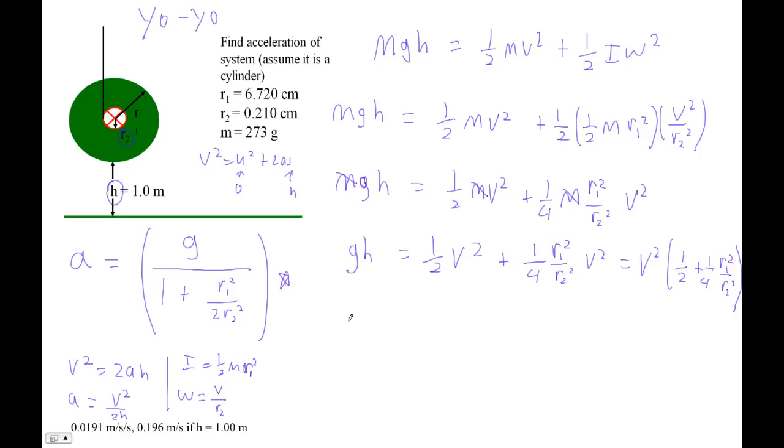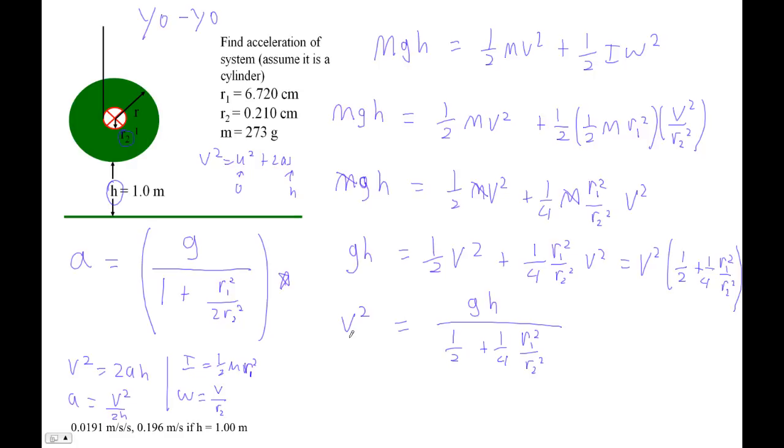Okay, so now v squared equals gh all over 1/2 plus 1/4 r1 squared over r2 squared. Now, drum roll please. Once you get to v squared, don't solve for v. We just want a.